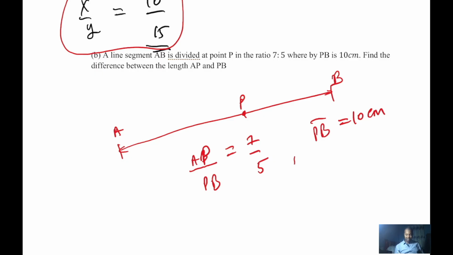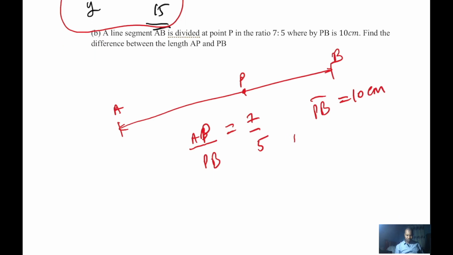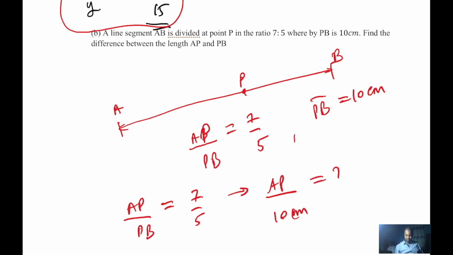But before we go there, let us find AP. Taking AP over PB equals 7/5, where PB is 10 centimeters already, this is equal to 7/5 again.